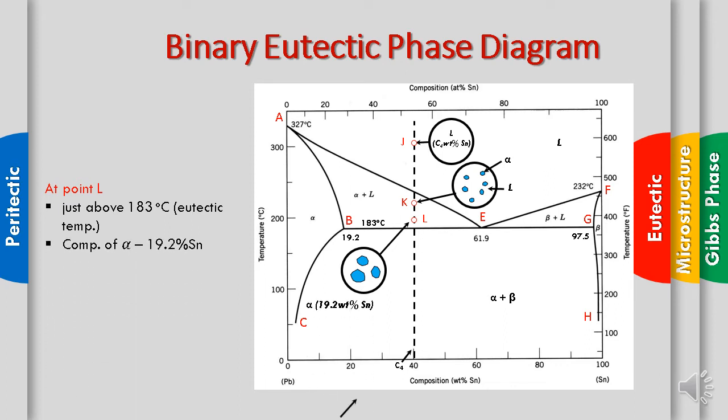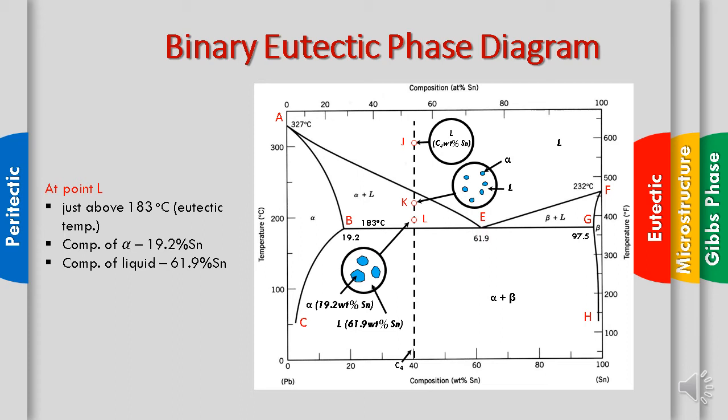The composition of alpha is 19.2 weight percent of Sn, and the composition of the liquid, if we make a projection until here, is 61.9.